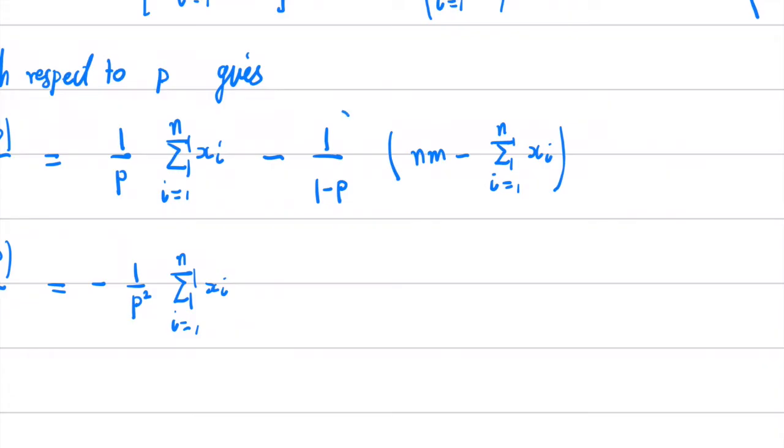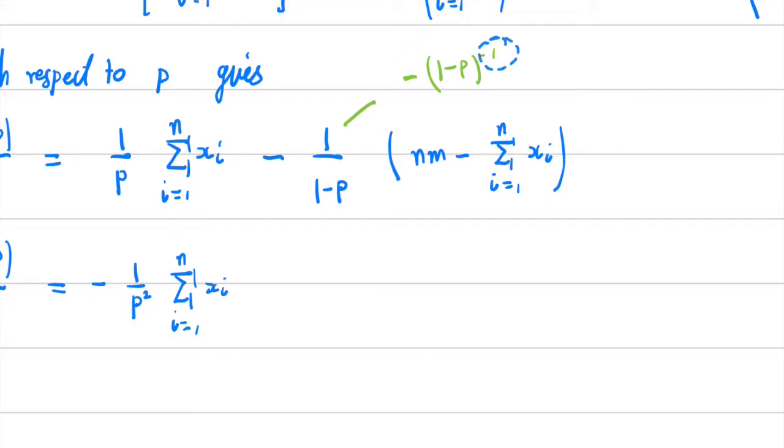And the derivative of the other term: remember that this expression here is (1 minus p) to the negative 1. So the first thing we have to do is bring the negative 1 down the front, which will get rid of the negative at the front.